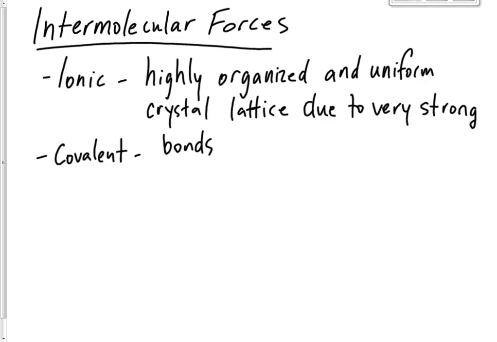Okay, so if you were to draw a crystal lattice, if you're taking sodium chloride, you have your Na plus, which is very small, and you take your Cl minus, which is very large.